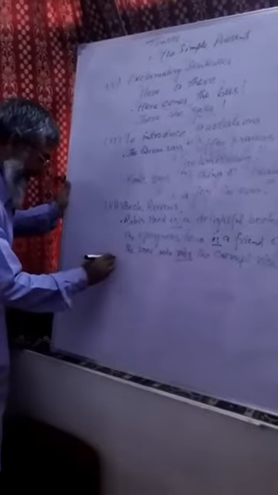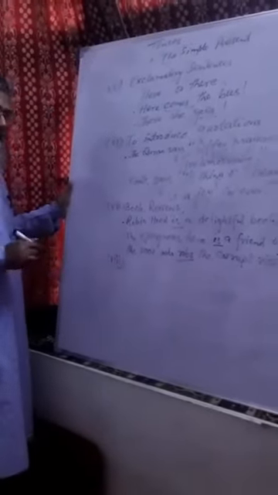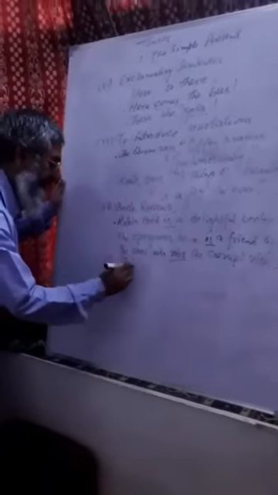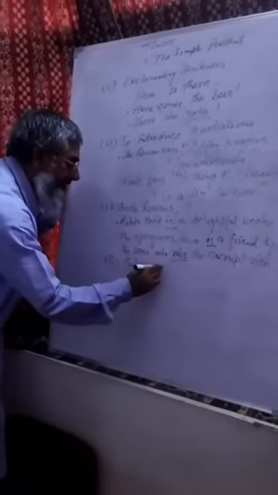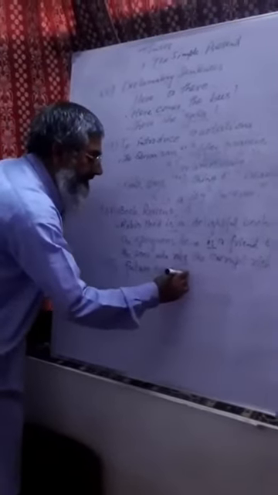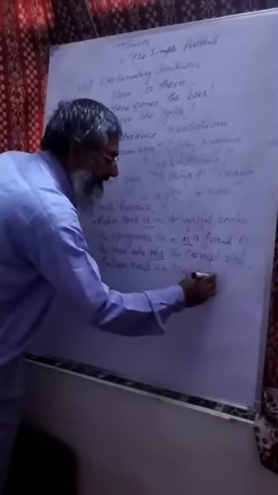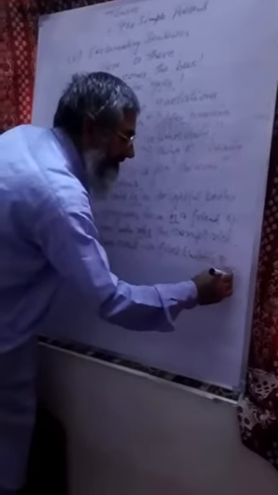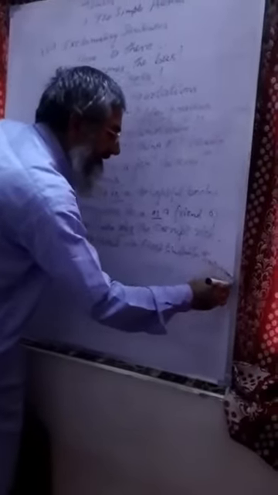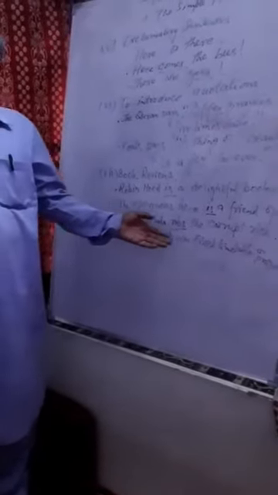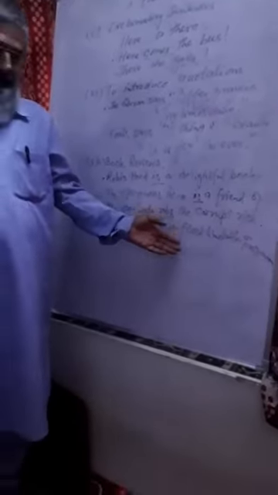Another case where we can use the simple present is when we have some future event with a fixed timetable or program. Something is going to happen in the future, but its time or program is fixed.